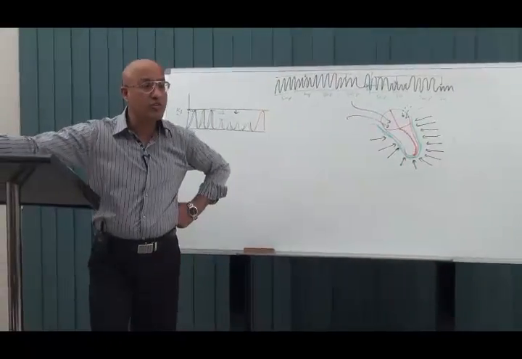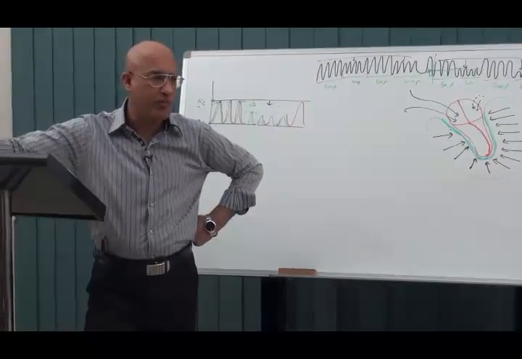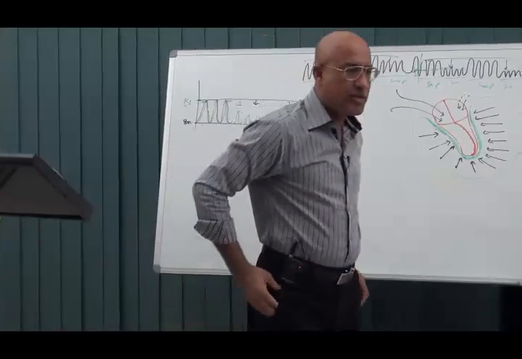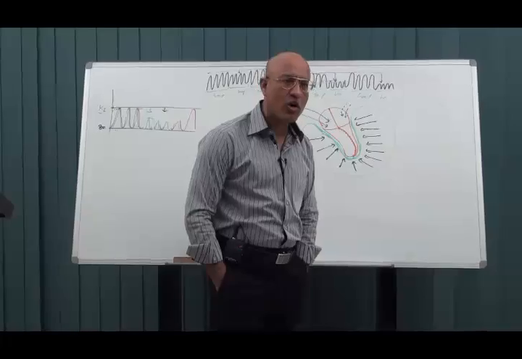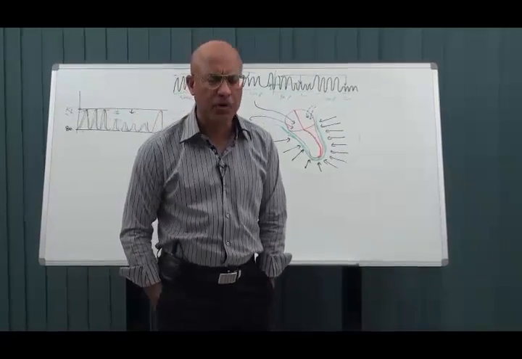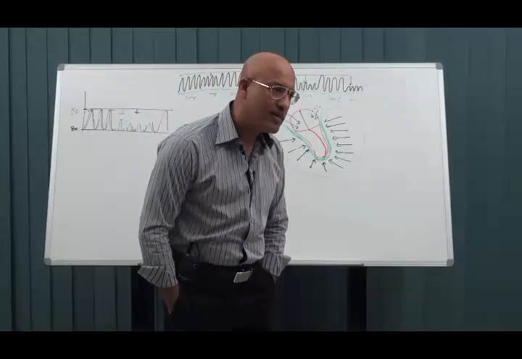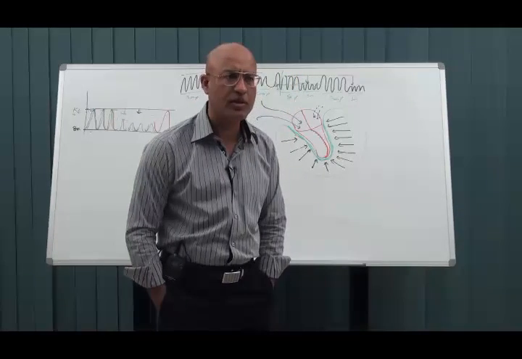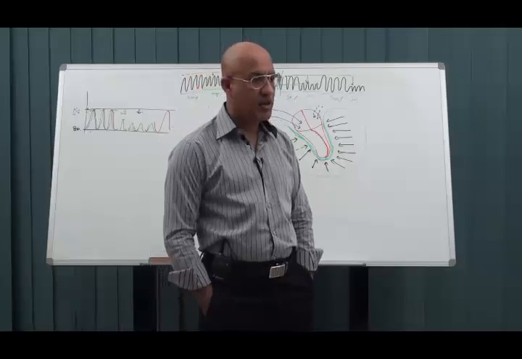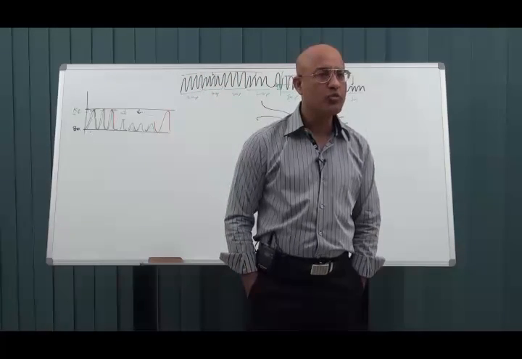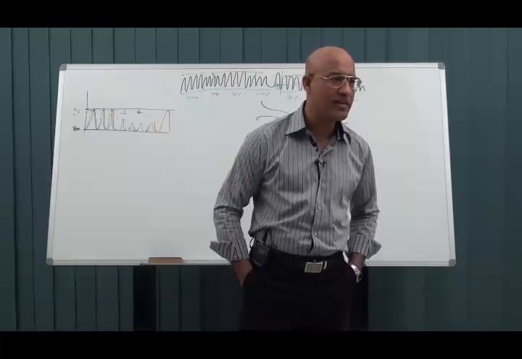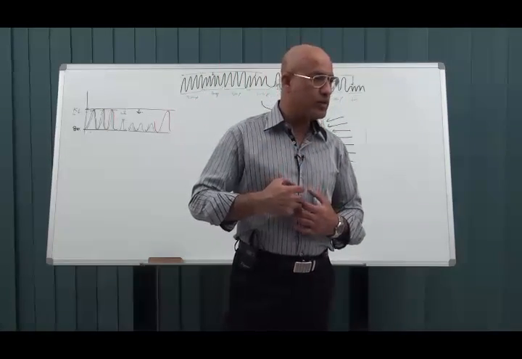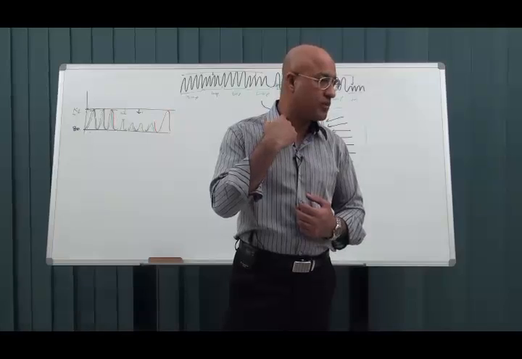Then pulsus paradoxus may be present in constrictive pericarditis, but less often. Here I would like to mention that pulsus paradoxus is more common in cardiac tamponade and less common in constrictive pericarditis. About 30% of patients with constrictive pericarditis may have pulsus paradoxus. And Kussmaul sign: normally during inspiration, jugular venous pressure goes down.